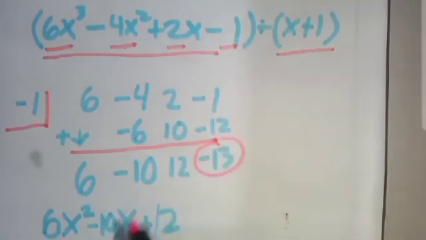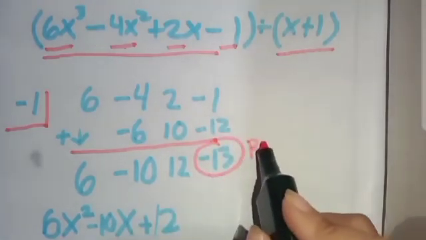For negative 13, the negative 13 is what you call the remainder.